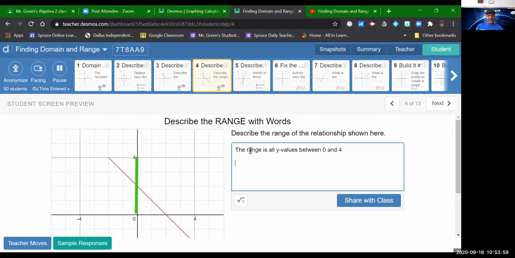So if I was going to write that in interval notation, I would need a bracket, a 0, comma, 4, and another bracket, including both of those. So that's what interval notation will look like.